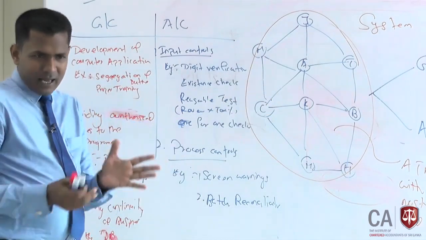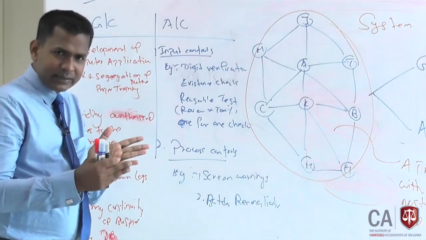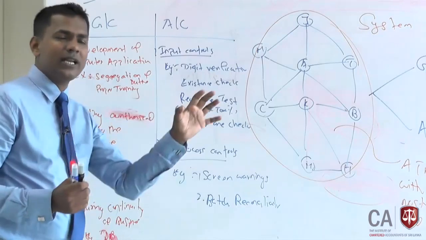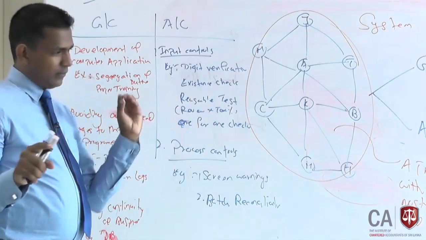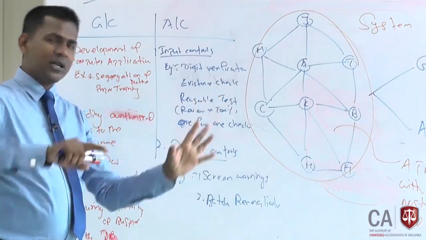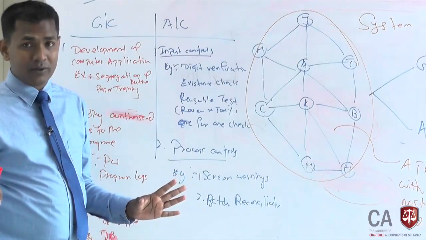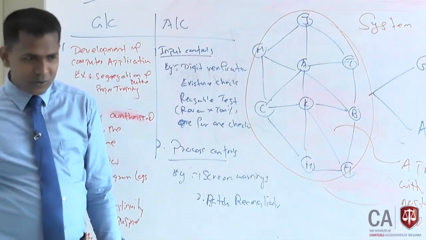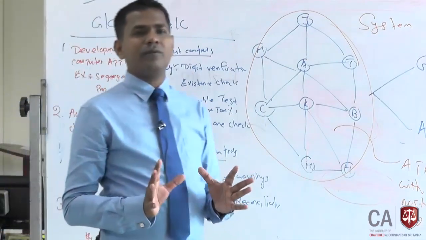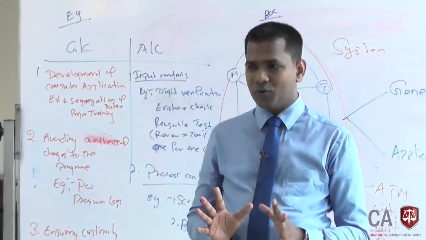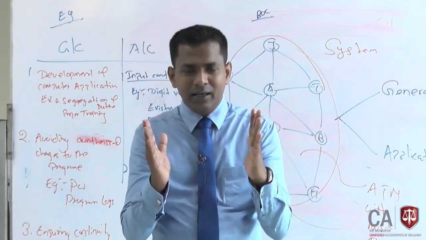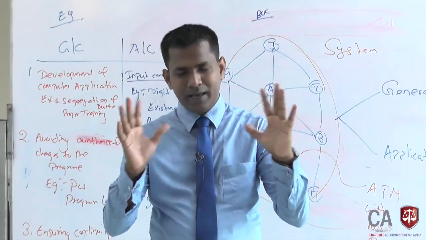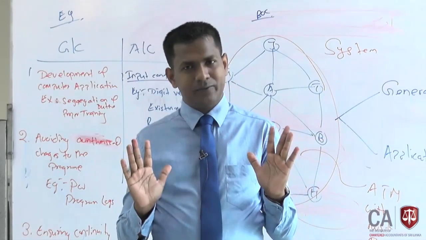At the end of the day, after the 50 are processed, the system will check what your input data is and what your output data is, whether 50 went in as input and 50 came out as output. The system will do that. So what you really want to do about IT control from your end is to have an understanding of what is general control and what is application control. That is more than enough.